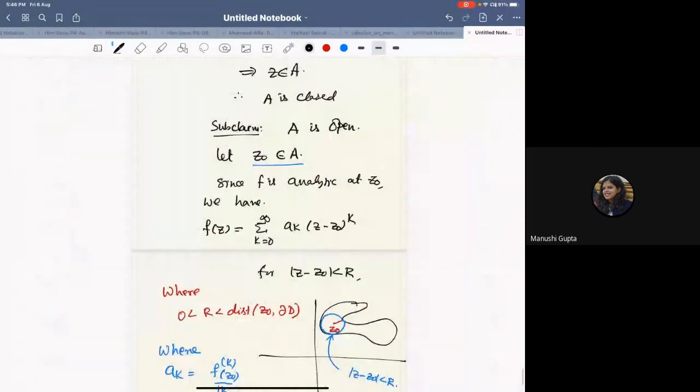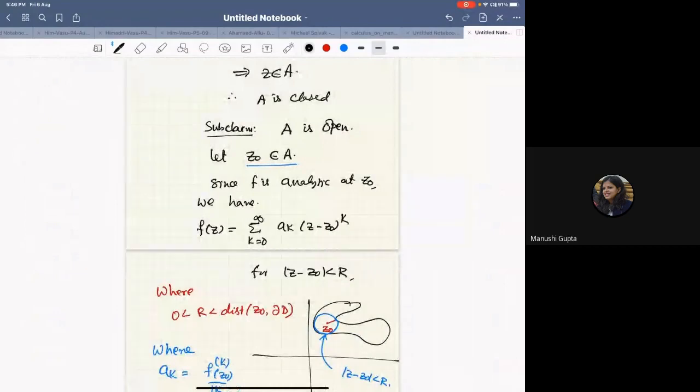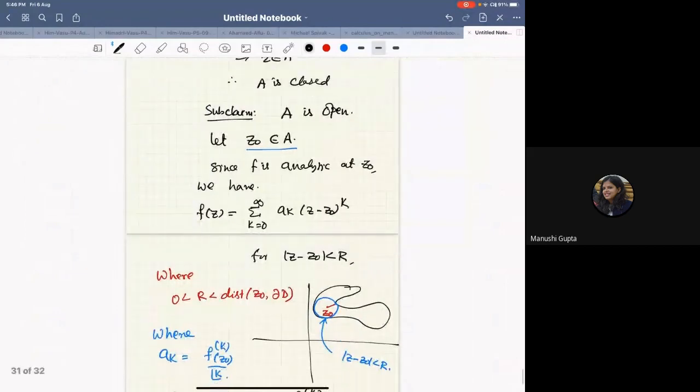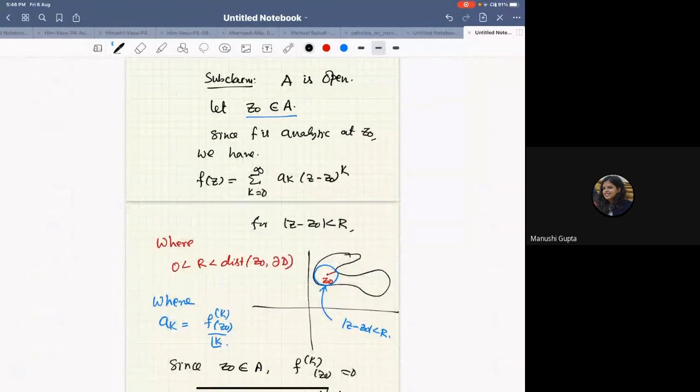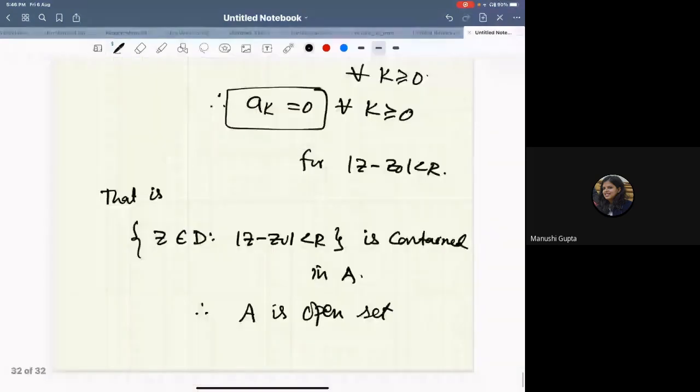I will minimize the screen. Can you show me? So in order to prove A to be open, we take Z0 belonging to A. That means F of Z0 is 0 there. But F is continuous, so can we say that there is a small neighborhood under which it will be 0? But that will give a local property. Just wait for a minute, you will get the answer. Oh, okay, sure.